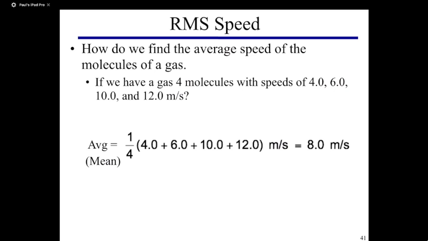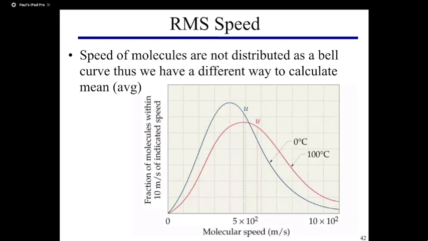But we have something called RMS speed. It's a little bit different. The speed that we're going to call is U. The normal distribution would have exactly half on one side and half on the other. But what we find for gases is that it is not normally distributed. One side gets more than the other. Which side gets more, the slow side or the fast side?